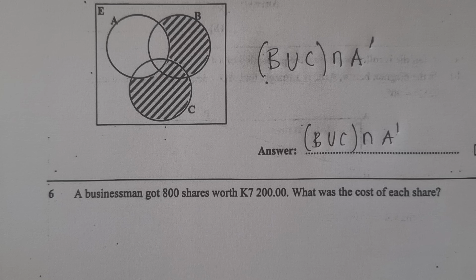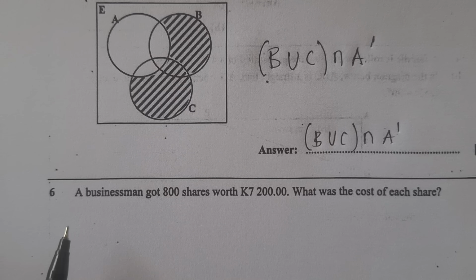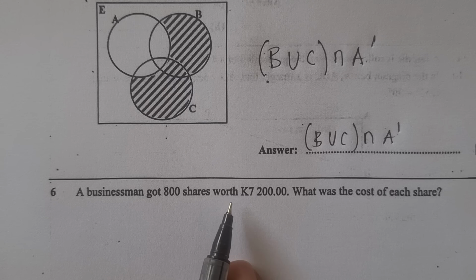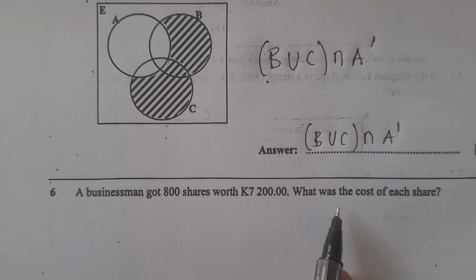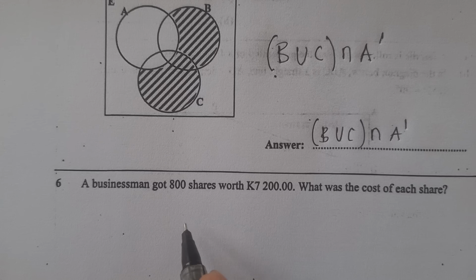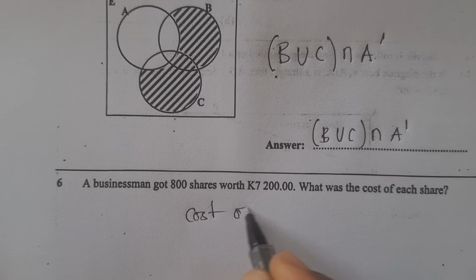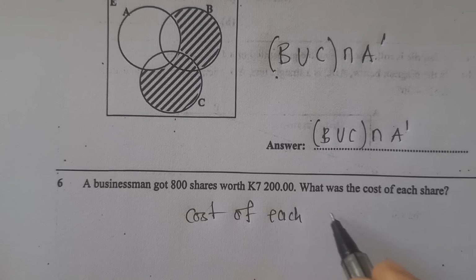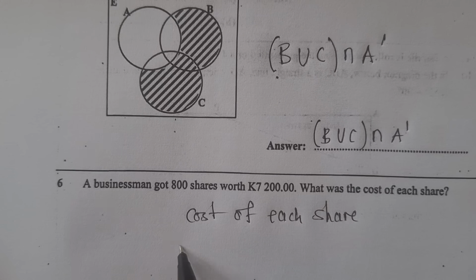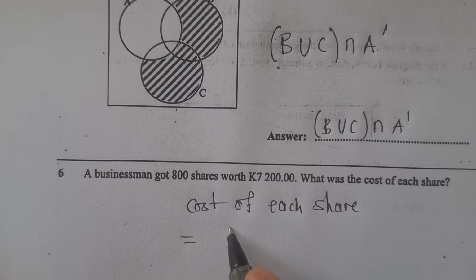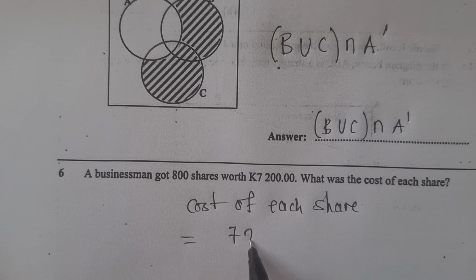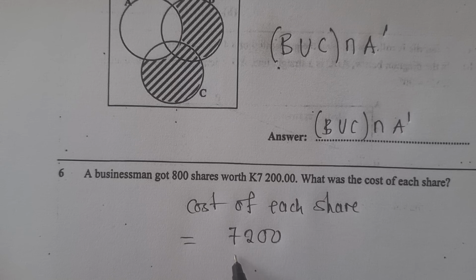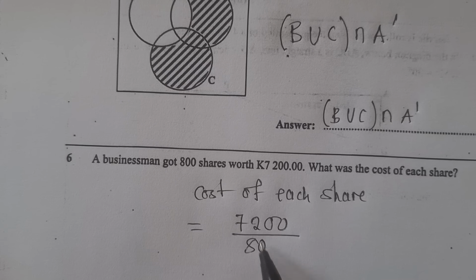They're saying a businessman got 800 shares worth 7,200 kwacha. What was the cost of each share? To find the cost of each share, we are simply going to say cost of each share is equal to the total amount which was there, that was 7,200, divided by the number of shares.